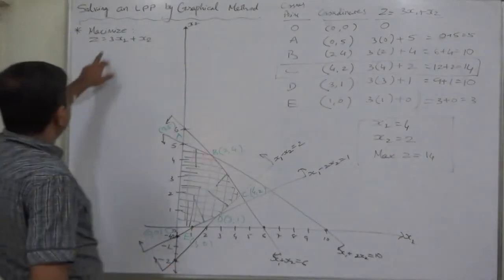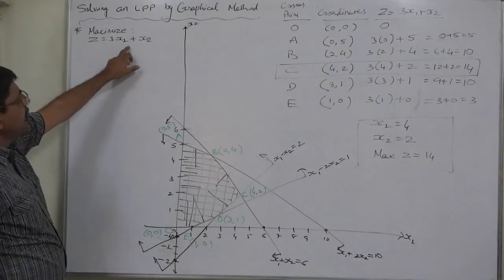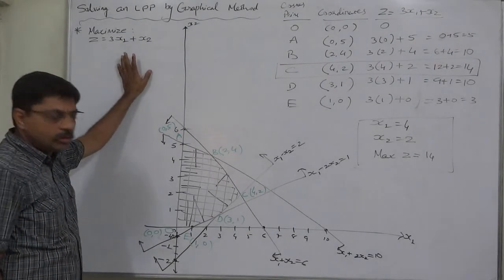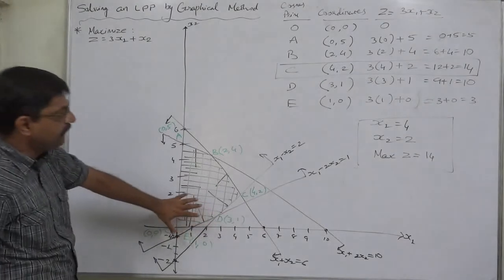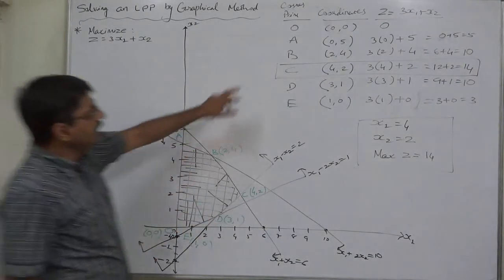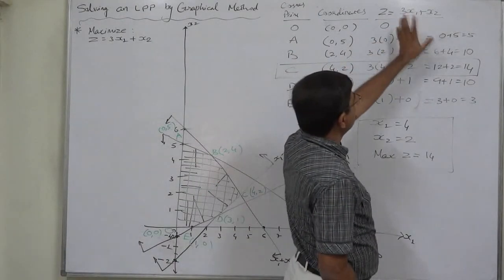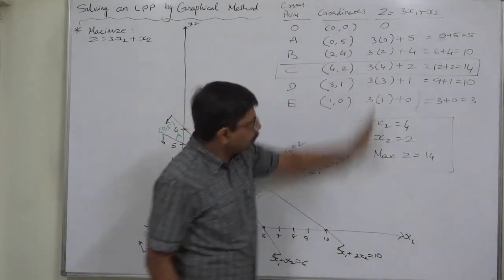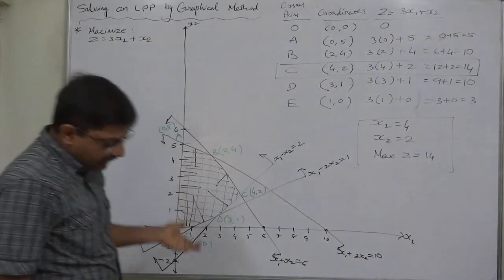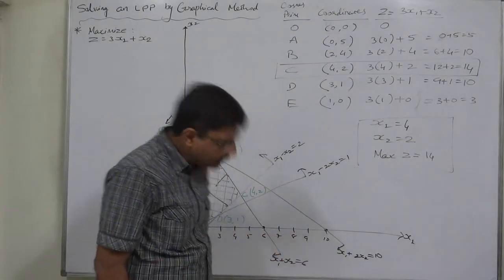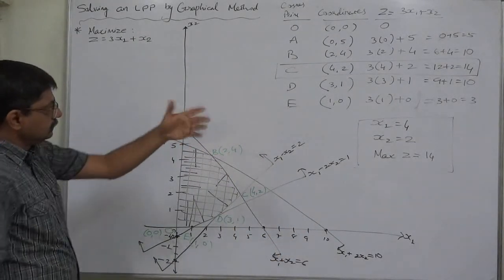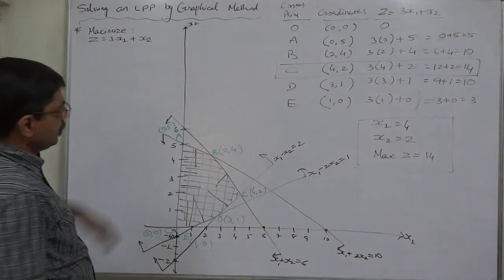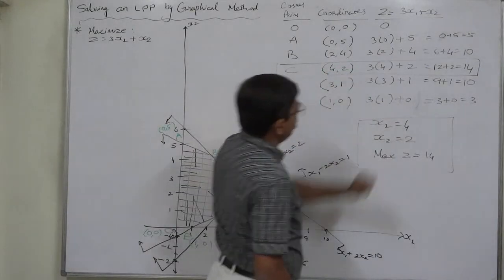The same question is in various reference books as well as has been asked in many question papers with the objective function 2x1 plus x2. In solving that problem also the process till the graph will be the same. Only in this case it must be 2x1 instead of 3. So all these will be multiplied by 2 and the value will be according to the objective function 2x1 plus x2.